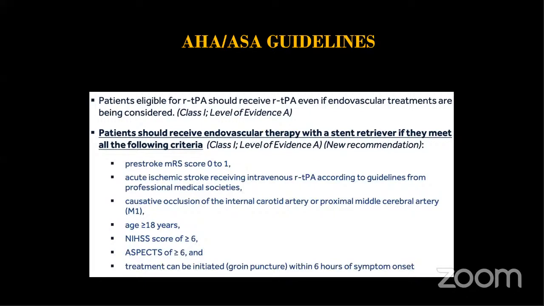Then the patient should receive endovascular therapy with a stent retriever if they meet all the following criteria: pre-stroke mRS score 0 to 1, acute ischemic stroke receiving IV tPA according to the guidelines from professional medical societies, anterior circulation, mainly the ICA and M1, age more than 18, NIH stroke scale 6 or more, and ASPECTS 6 or more. Then treatment can be initiated, with groin puncture within 6 hours of symptom onset.